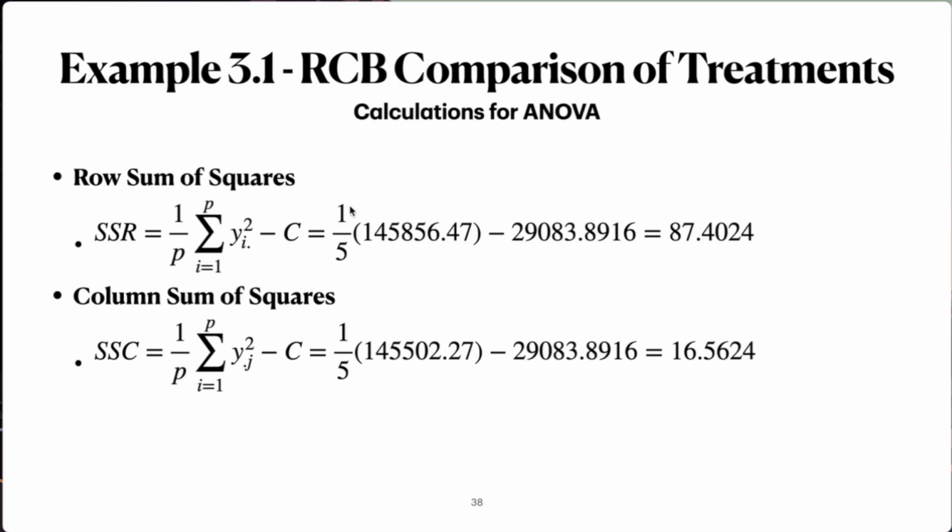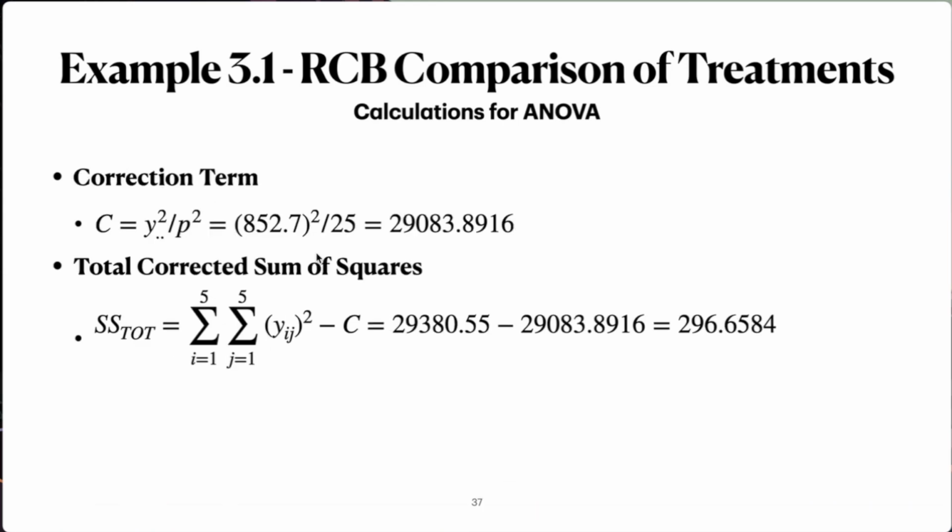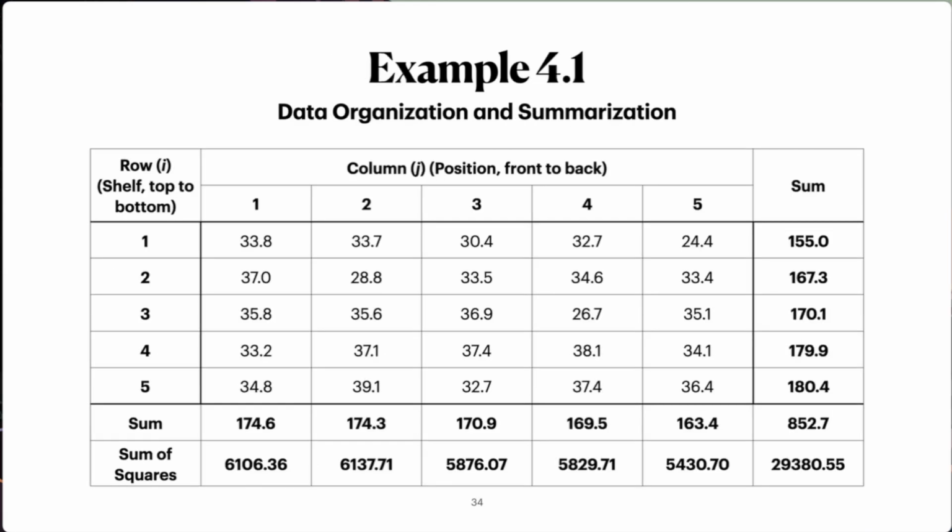Next, we calculate the row sum of squares, denoted by SSR, and it's equal to 1 over P times the sum of the squared row totals. Let me go back to the first summary table.